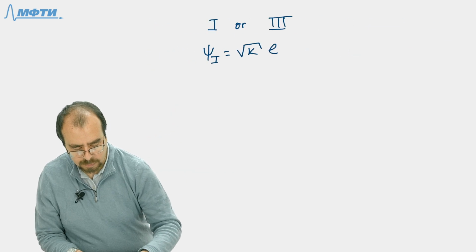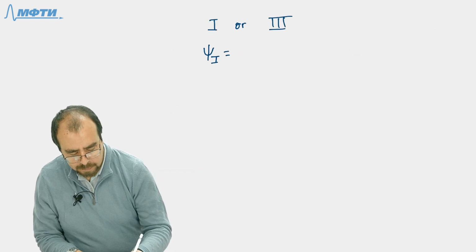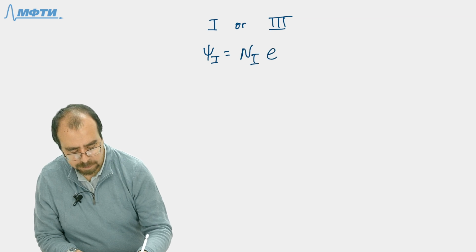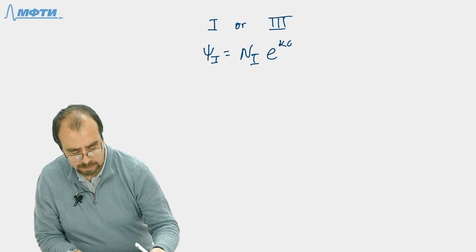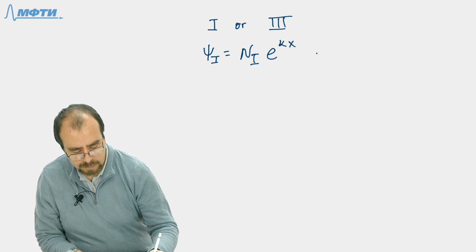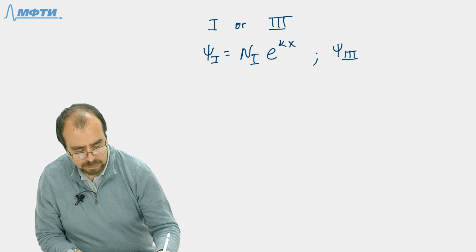Okay, so let me erase. We have a normalization constant times e to the kx, and psi 3 will be equal to n3 times e to the minus kx.